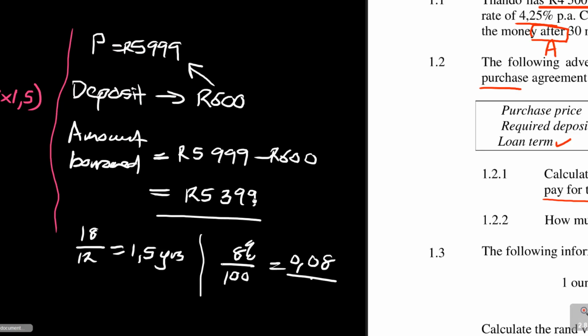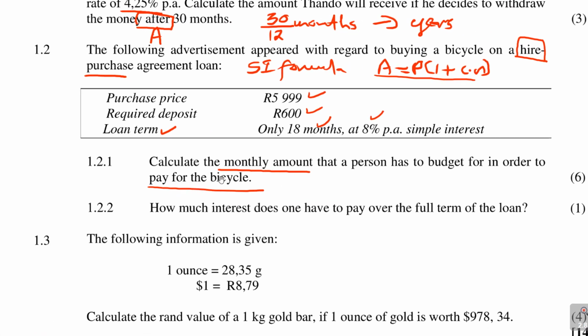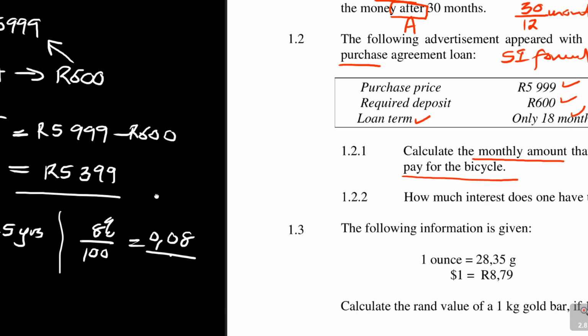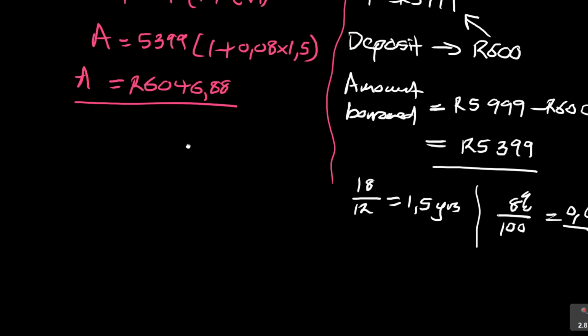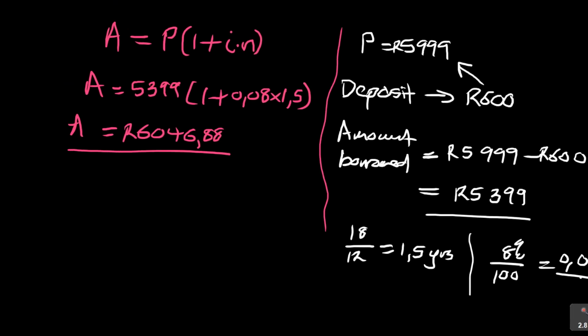Are you with me? But the question doesn't want the total amount. It says calculate the monthly amount that a person has to budget for in order to pay for the bicycle. So you're like, okay, this is the total amount you're going to pay, so I want to find out how you are going to pay every month. So monthly payment here. What do you think we do?